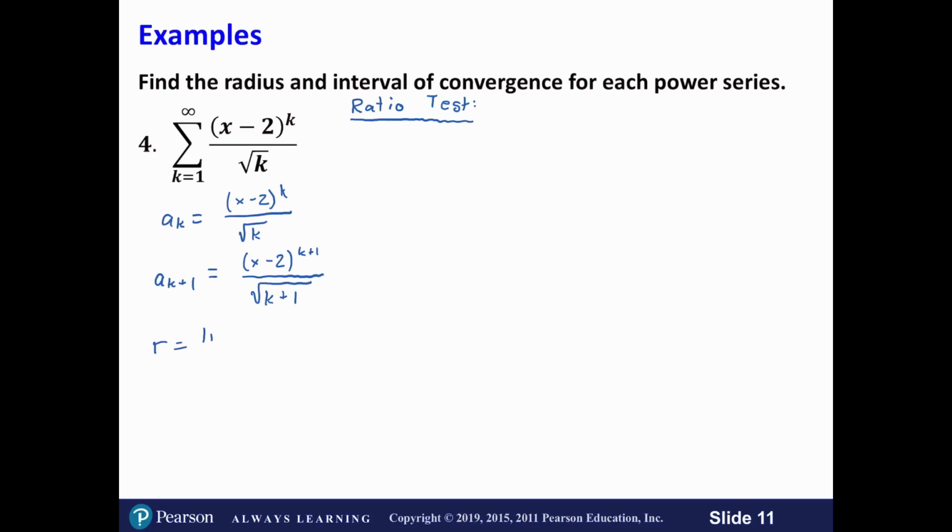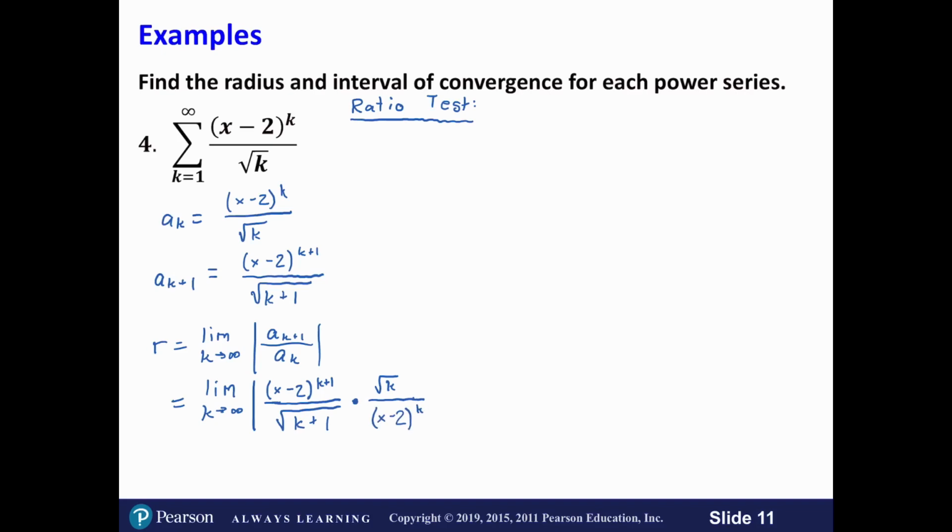We define r to be the limit as k approaches infinity of the absolute value of a_(k+1) over a_k, which is equal to the limit as k approaches infinity of the absolute value of x minus 2 to the k plus 1 all over the square root of k plus 1 times square root of k all over x minus 2 to the k.